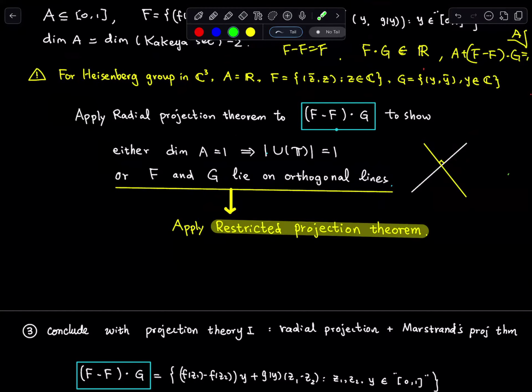So in the very special case of F and G lying on orthogonal lines, we have a lot more structure, and there are some other projection theorems that could be applied, but I will skip it for now. But at least intuitively the problem becomes easier because we know more about the sticky Kakeya set. And also at this point, we have ruled out the bad example.